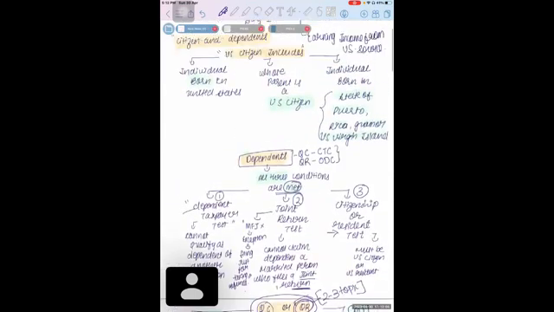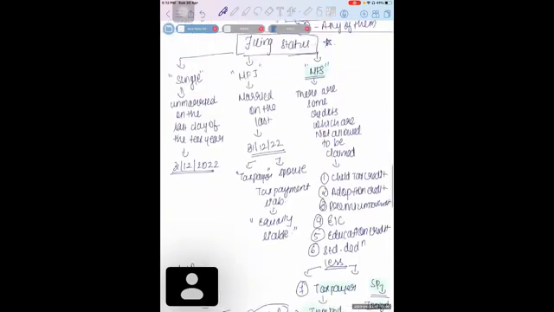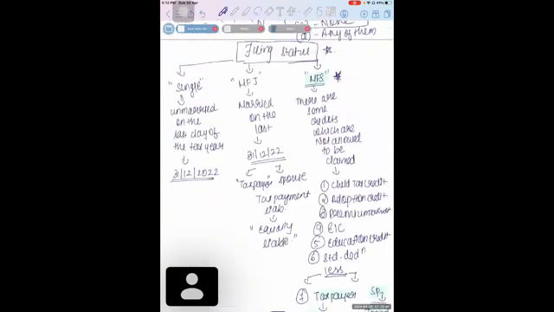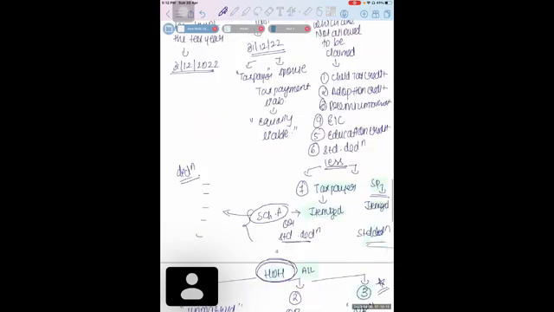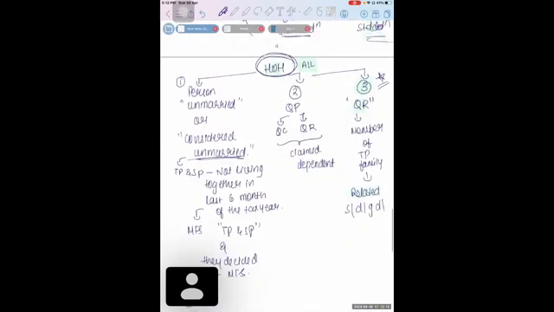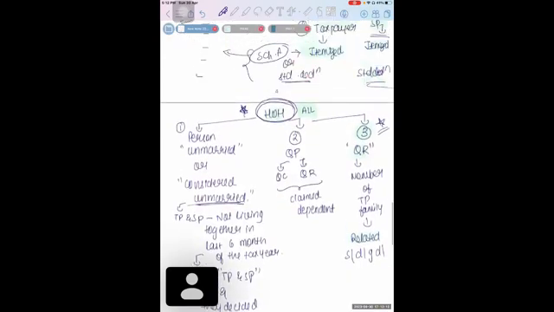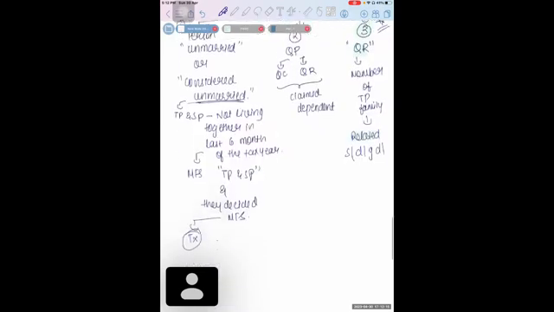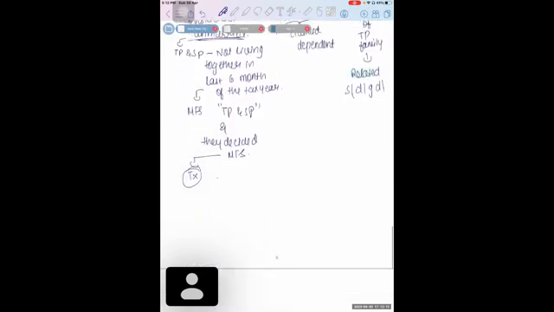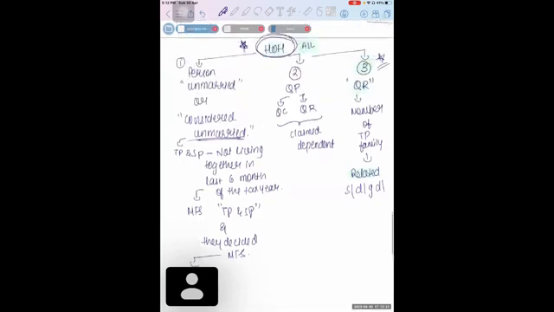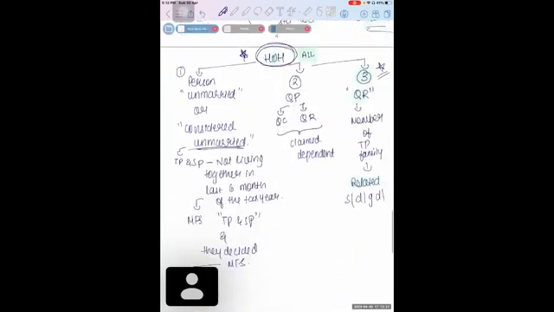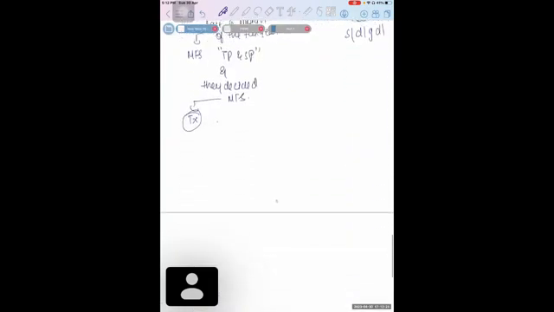Apart from that, right now in the filing status, QSS is important and this HOH is important. Apart from this, nothing is important, but you don't have to skip it in the exam. I'm just saying to focus on these things more when you study by yourself.